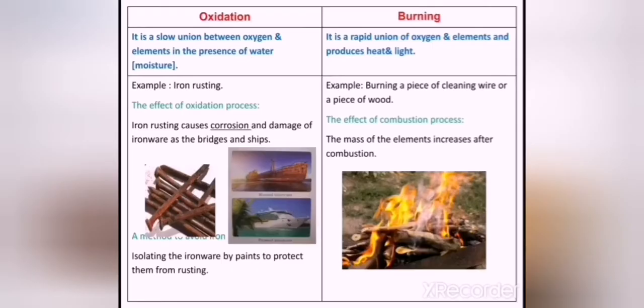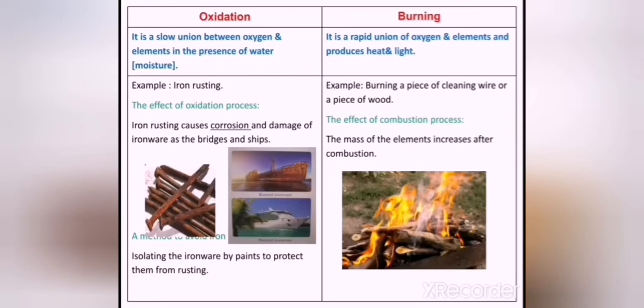So let's recap the difference or the comparison between the oxidation and burning. The oxidation is a slow union or a slow combination between oxygen and elements. This combination produces rusting or element oxide, in the presence of water or moisture, like the iron rusting.